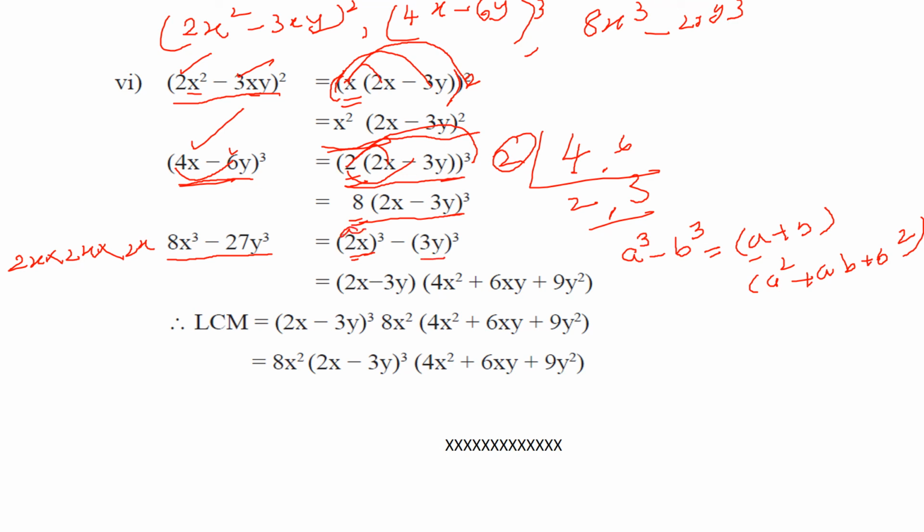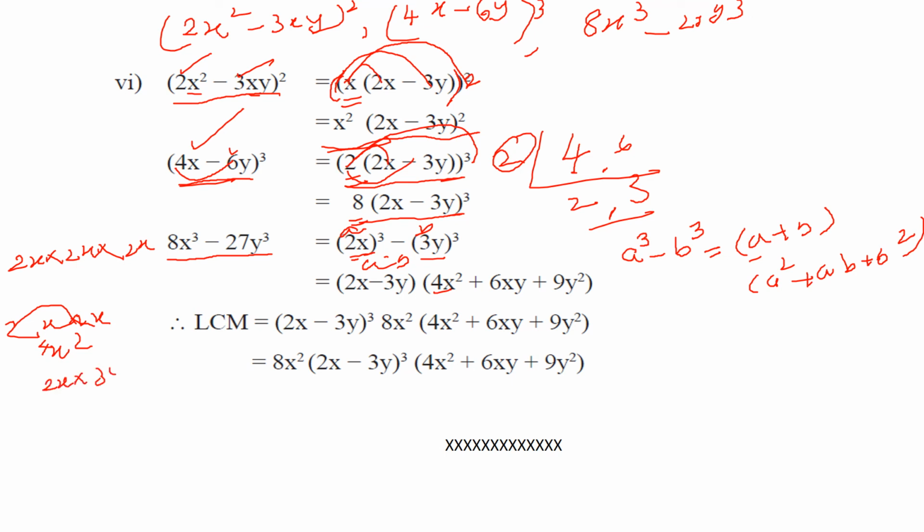So use the formula a minus b, that is 2x minus 3y, into a squared. a squared means 2x into 2x, that is 4x squared, plus ab. What is a? 2x. What is b? 3y.